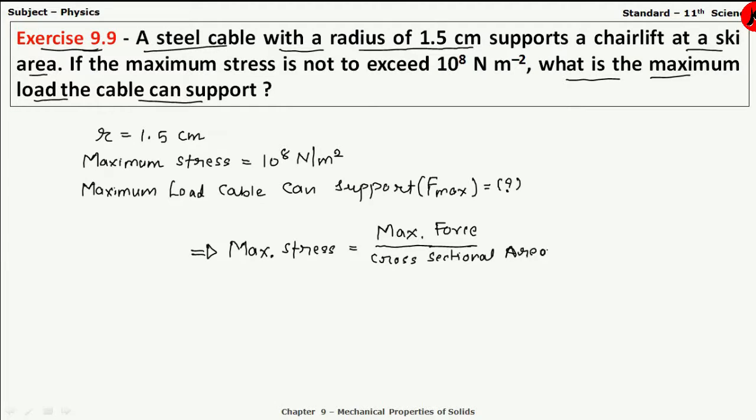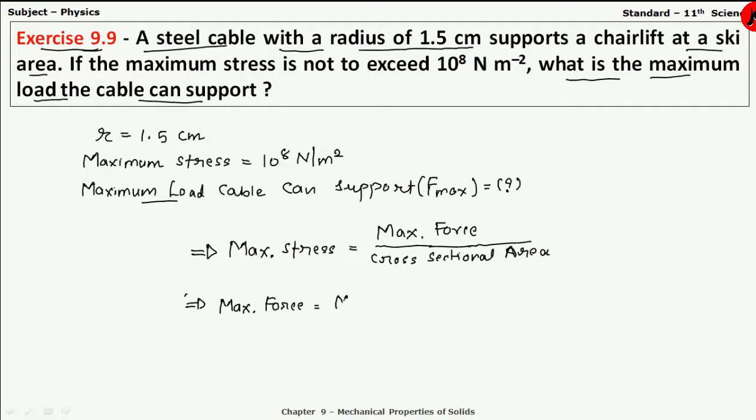Right, and here we are interested to find out the maximum load, maximum force. So in the form of maximum force, equal to what?